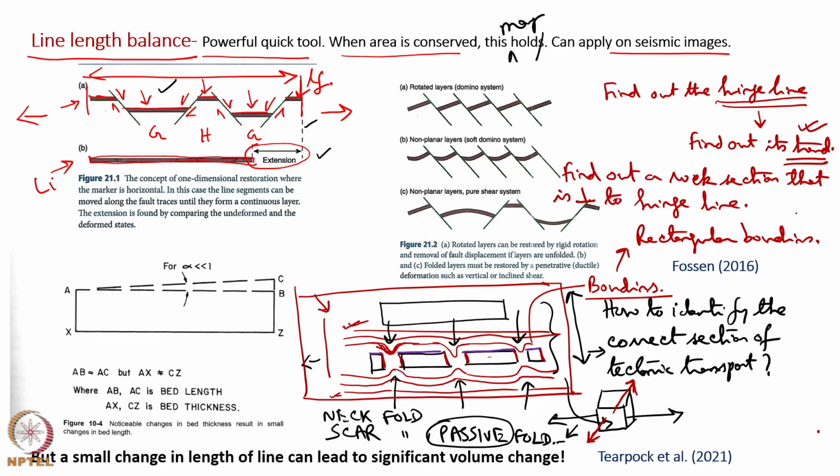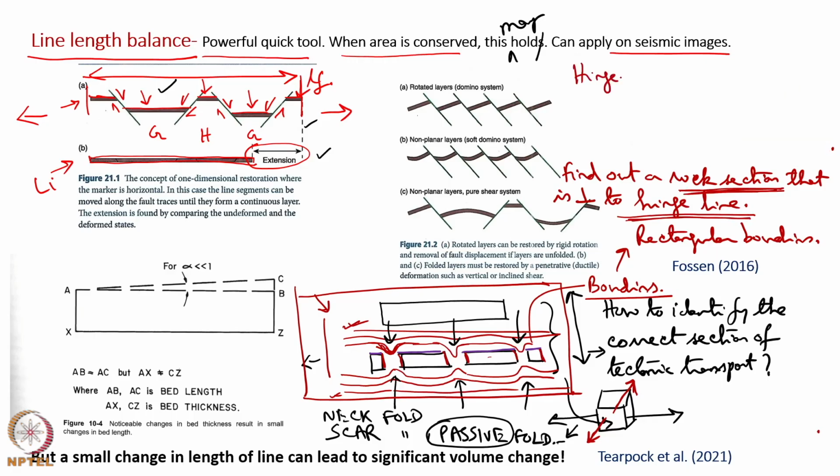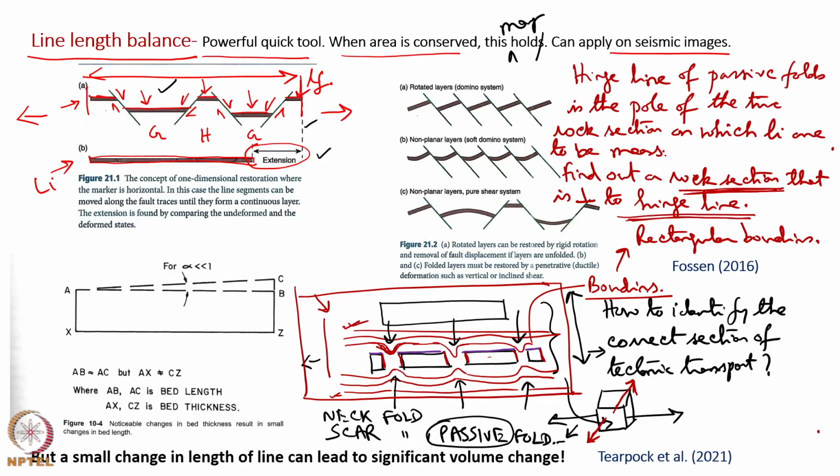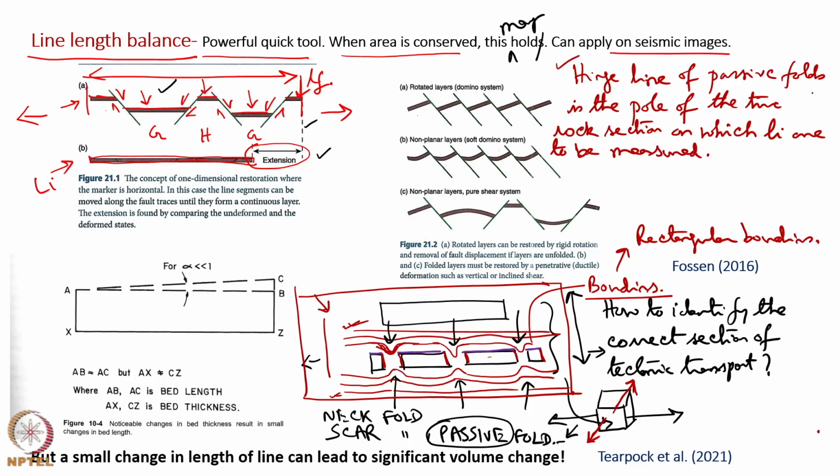Then you can calculate the orientation of the plane which is perpendicular to the hinge line. That means this hinge line is to be the pole of the true rock section that we need to study. Let me write it down. The hinge line of passive folds is the pole of the true rock section on which Li are to be measured.